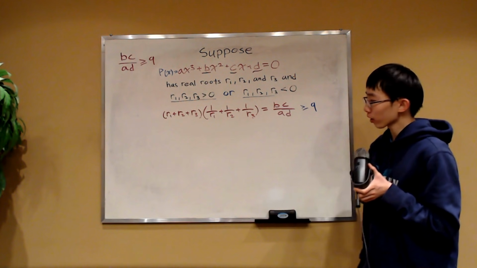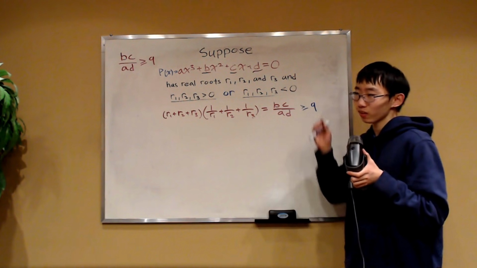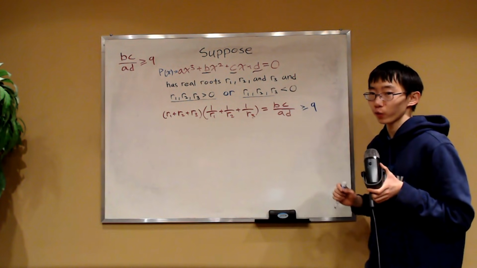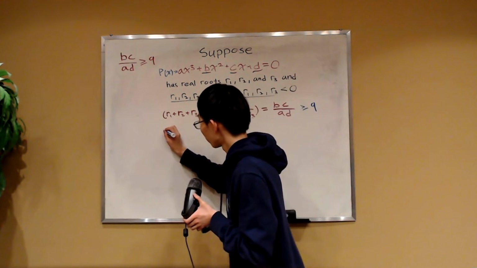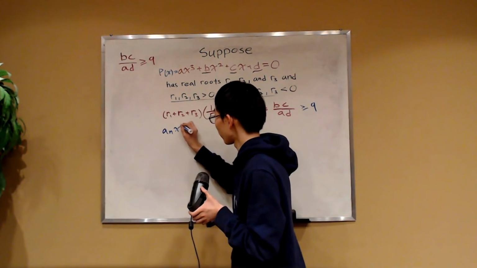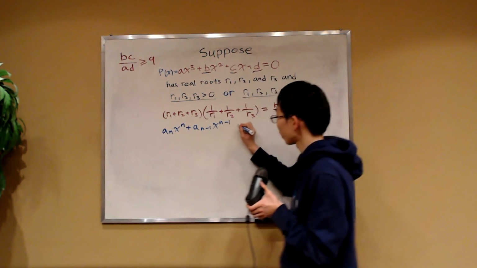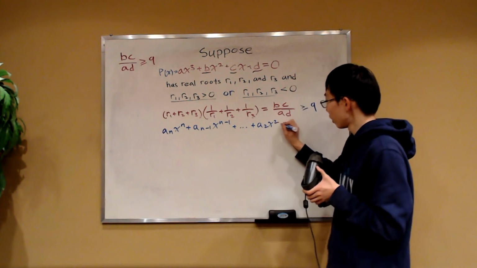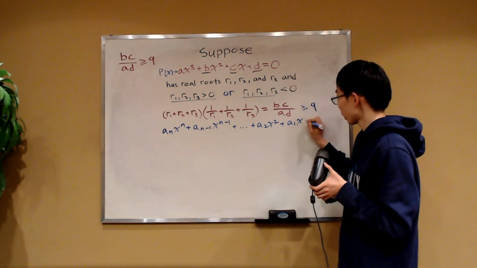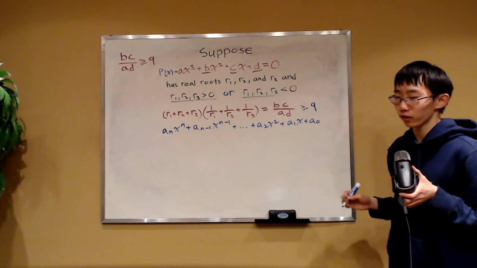The final remark I'll make is that this inequality extends well beyond cubics, and I'm going to show you how. If we take the general form of a polynomial, that's an times x to the n plus an minus 1 times x to the n minus 1 plus all the way to a2 x squared plus a1 x and then plus a0. This is the general form of any polynomial.